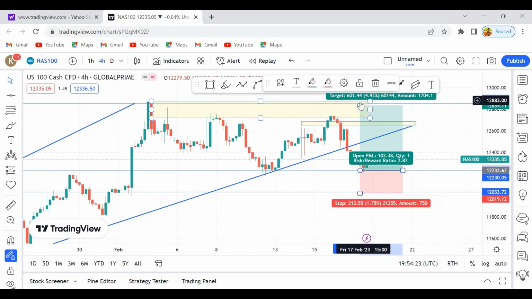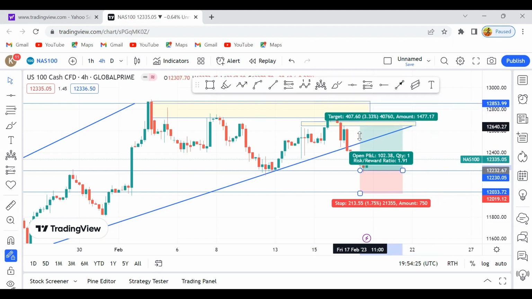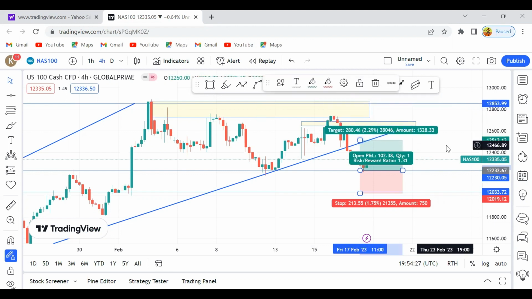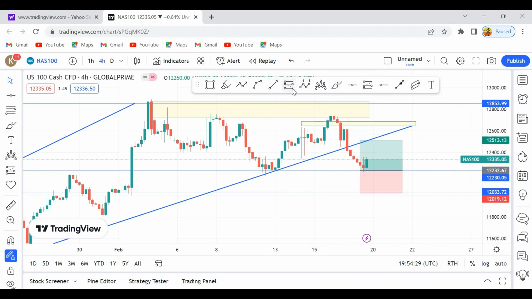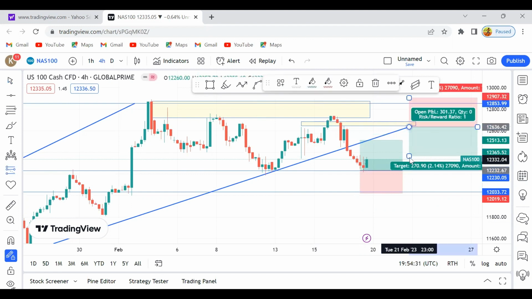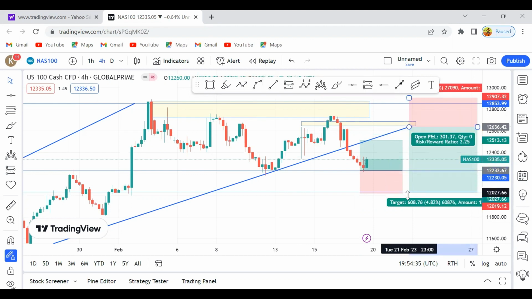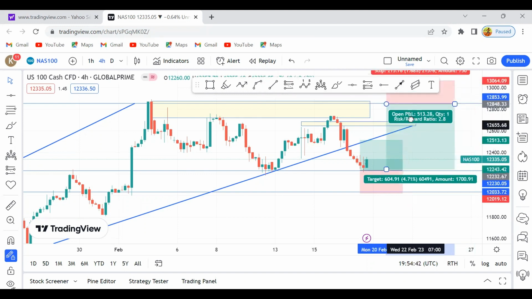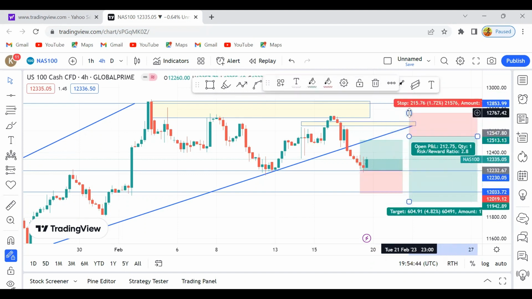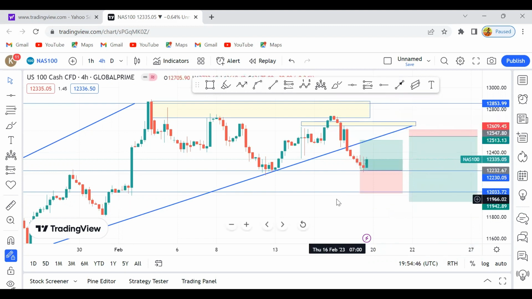So since this is what we're expecting from NAS100, let's say that another entry point was going to be at this point here. If possibly NAS100 does come with a lot of manipulations, then this level here would have been our entry point.